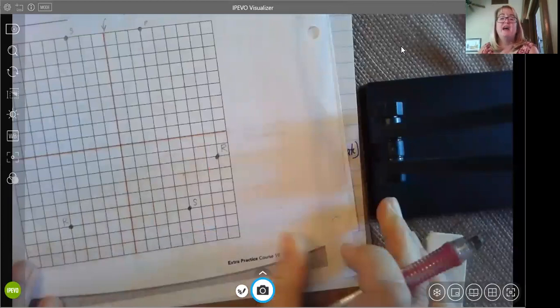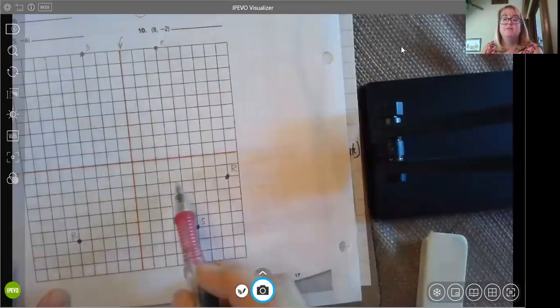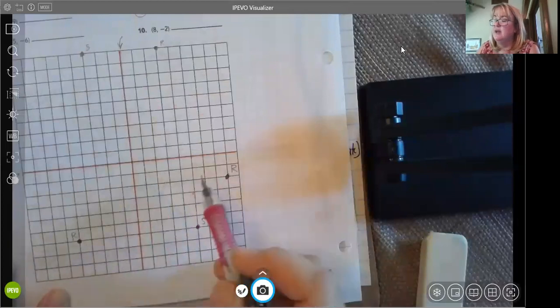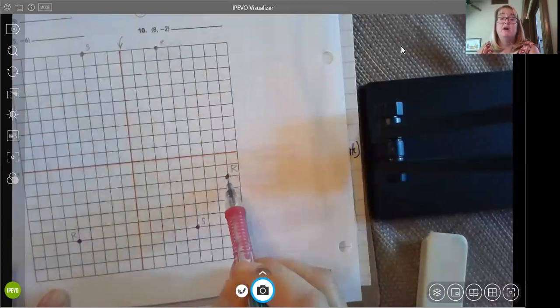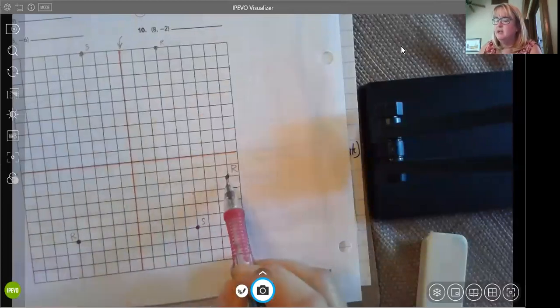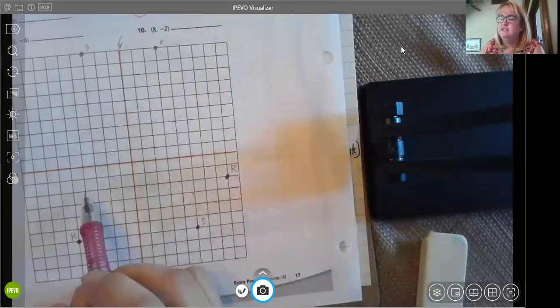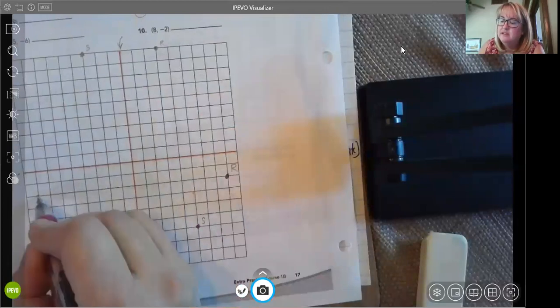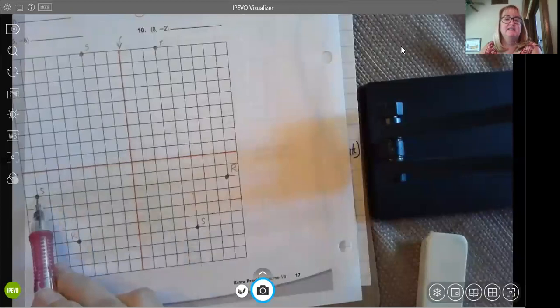Now we need to reflect R across the y-axis. How far away is it from the y-axis? It was 1, 2, 3, 4, 5, 6, 7, 8 away from the y-axis, 8 positives. So instead of 8 positives, we're going to go 8 negatives. So this would be S. What is the ordered pair for this?